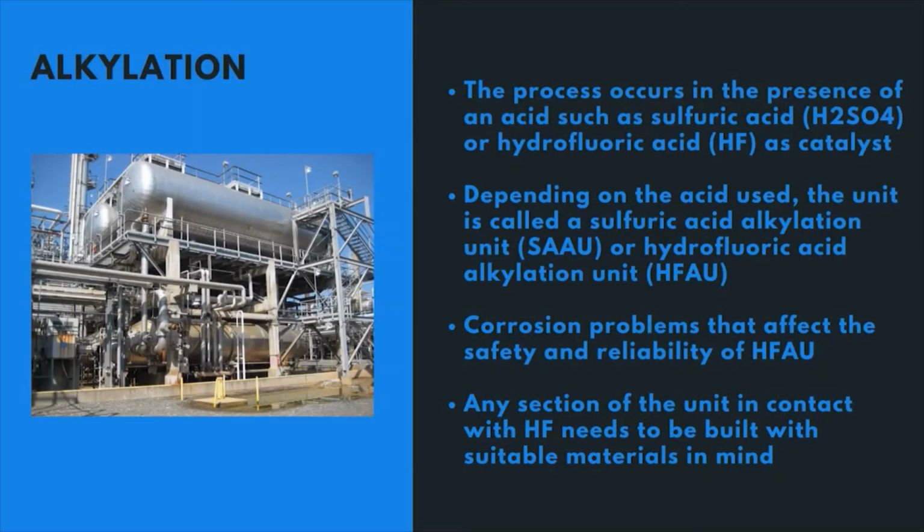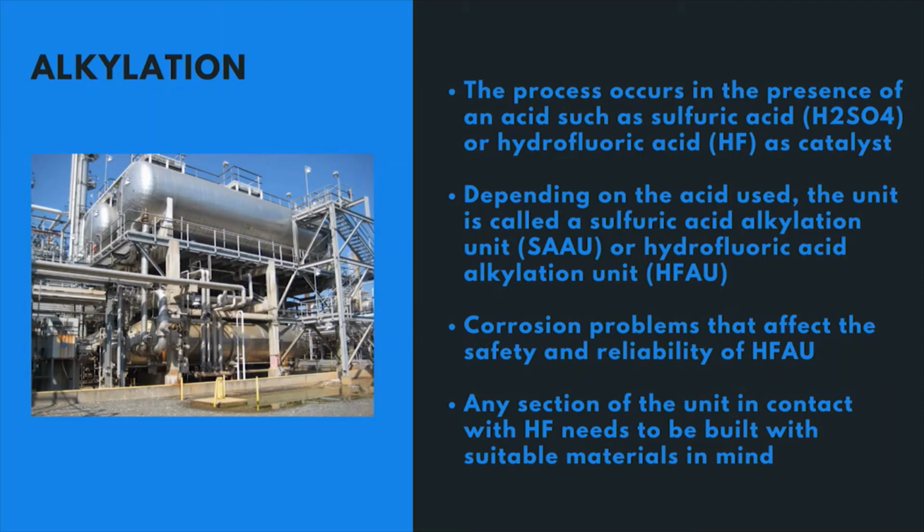Here in alkylation, the process occurs in the presence of an acid such as sulfuric acid or hydrofluoric acid. Depending on the acid, the unit is called either a sulfuric acid alkylation unit, that is SAAU, or a hydrofluoric acid alkylation unit, HFAU. When you are using the second category, that is an HFAU, corrosion is a big problem because hydrofluoric acid is a highly corrosive substance.